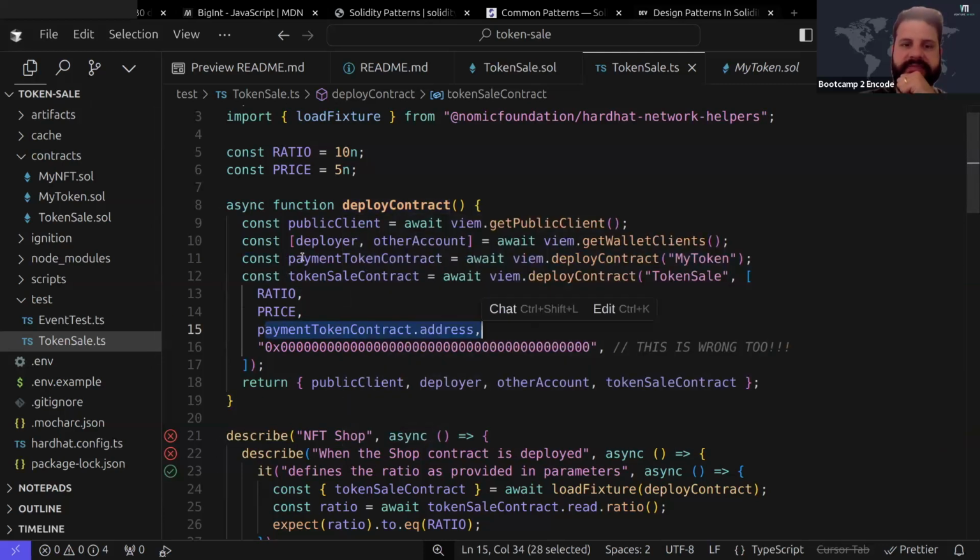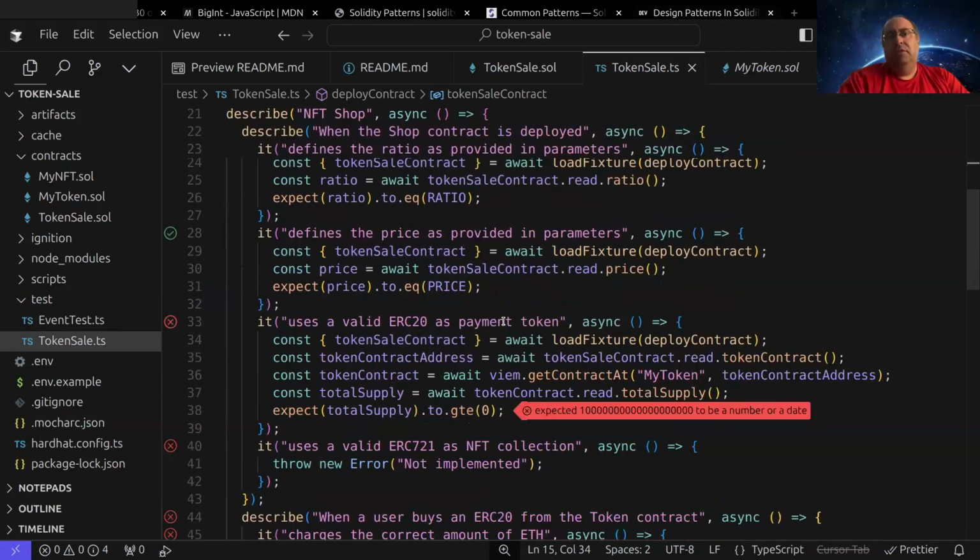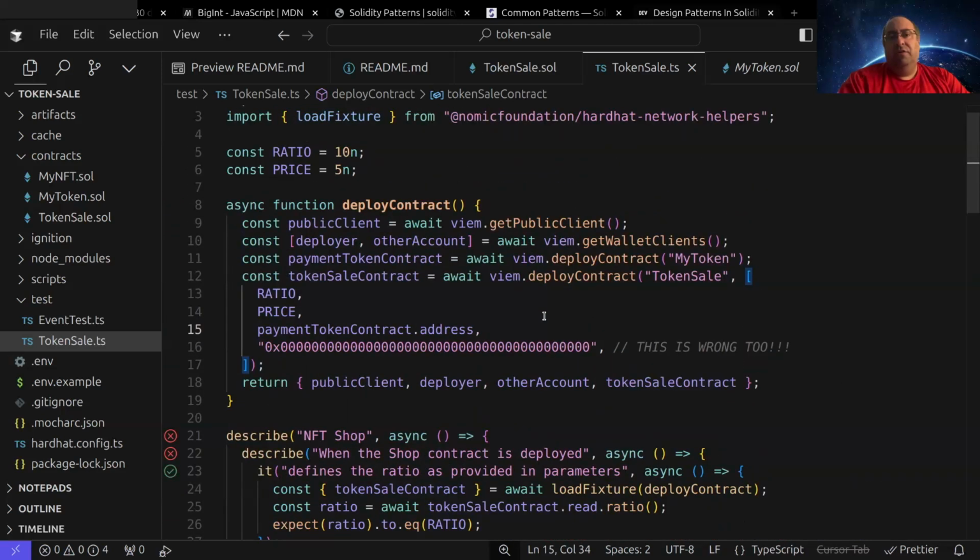I can pass this payment token contract as a parameter for the constructor function of the token sale. You see? Yes, I see it. And so now we do the same thing with the NFT, right?